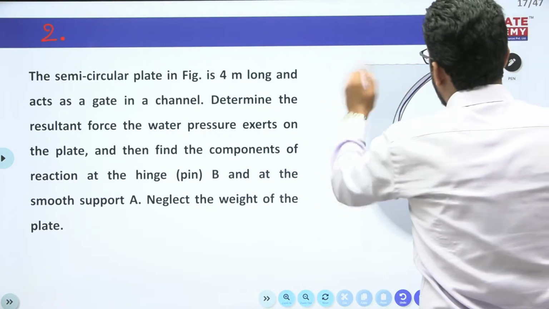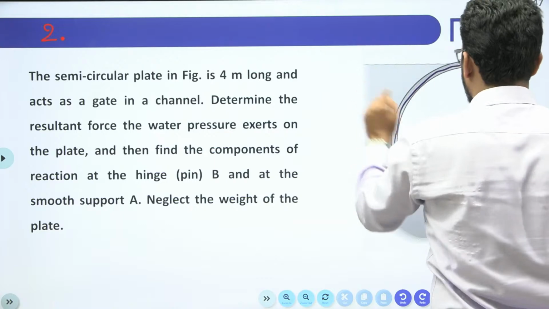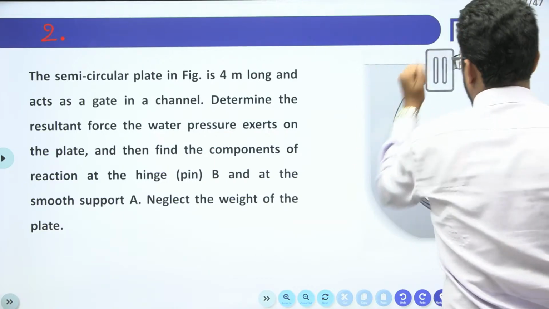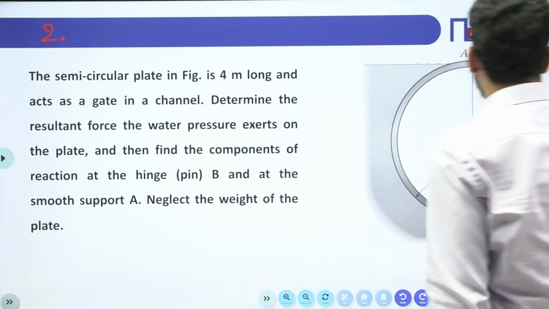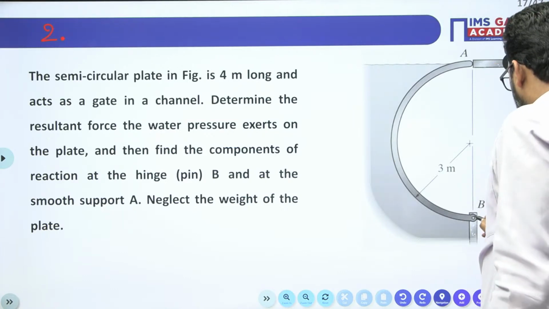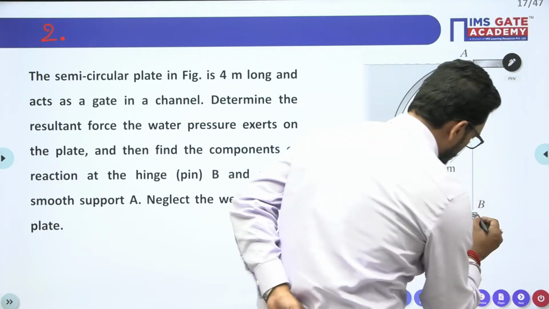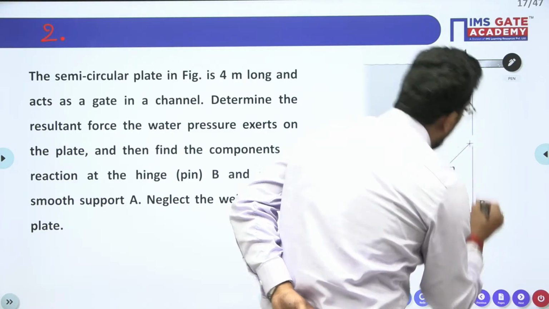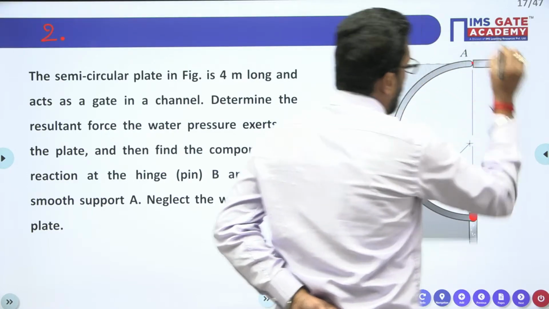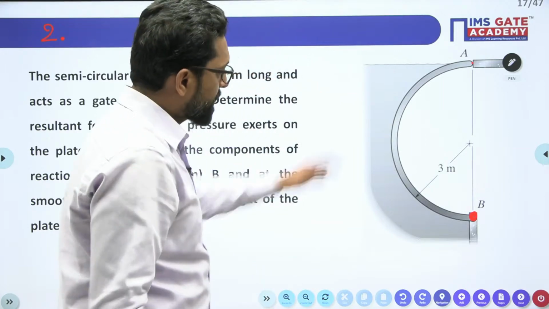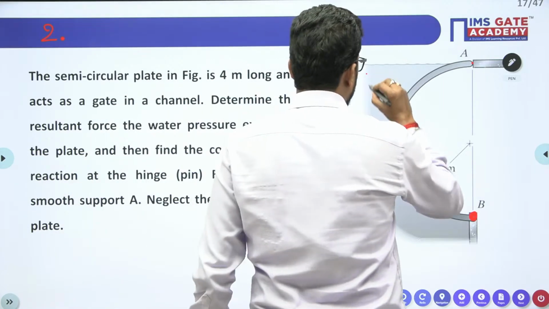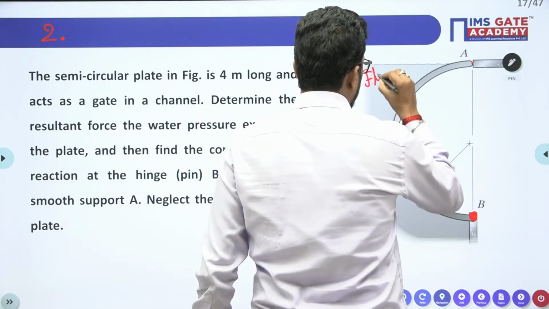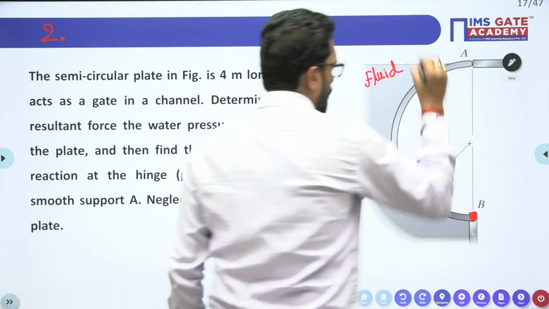At this side there is water, full of water. Okay, no problem. And there is a hinge. At this point, this is your hinge, and at this point there is a contact point. This side there is a fluid, right?